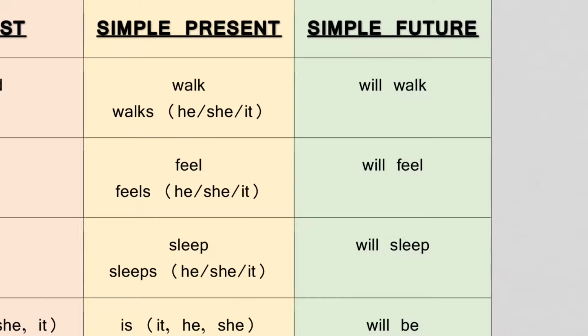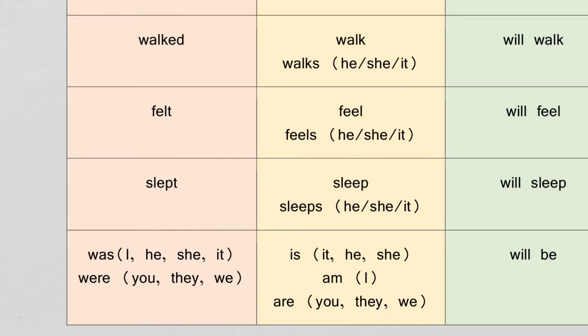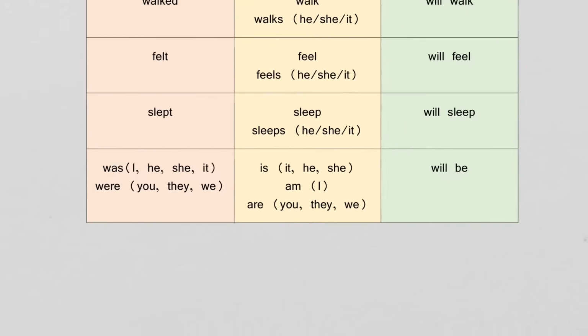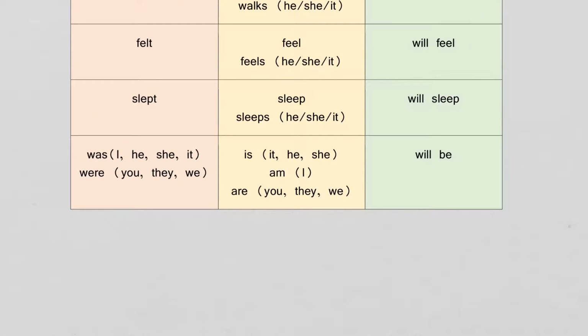So if you were talking about a male or a female, he or she or something, maybe an animal, you would have to say walks. So she walks quickly. And in the future tense, will walk. I will walk to the store to get groceries.